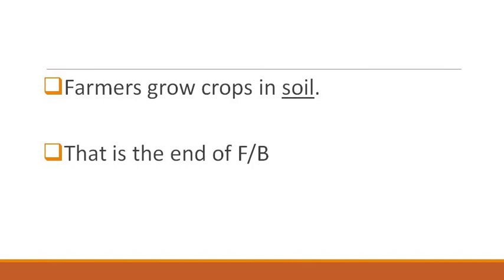If you don't remember, you can go to the particular channel. The links are in your WhatsApp group, so that you will be able to connect yourself again. So the answer is soil. What is the answer? Soil. Okay, so that is the end of the fill in the blanks of lesson number 4.